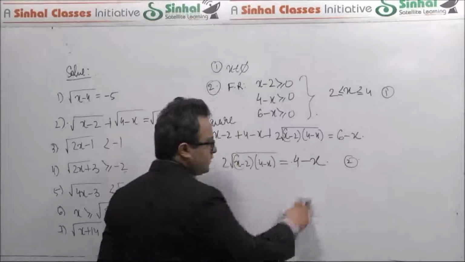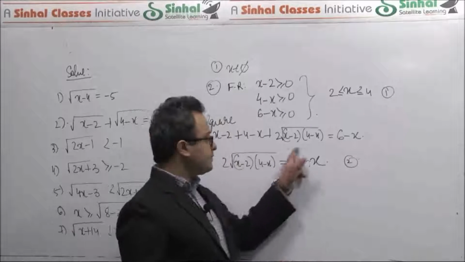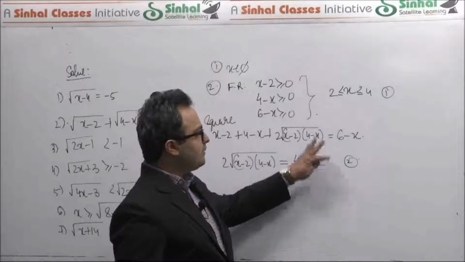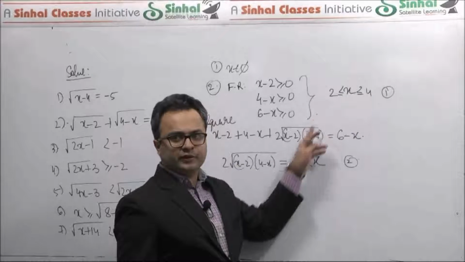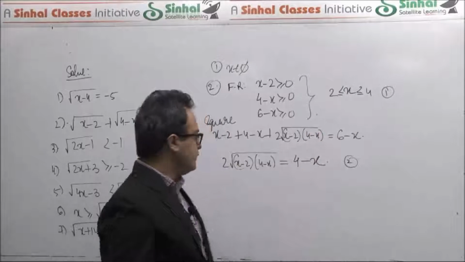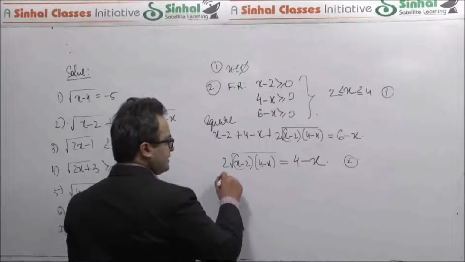Now actually at the second stage we should have also imposed the condition that this part must be greater than equal to 0. But that will actually be taken care of because x is less than equal to 4. Since x is anyway less than equal to 4, 4 minus x must be greater than equal to 0. So I can now square both sides.